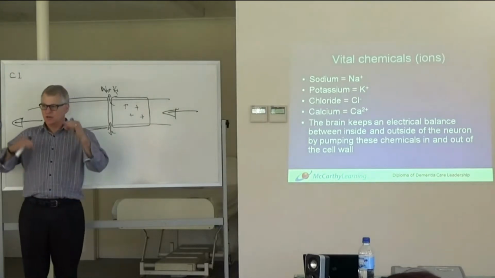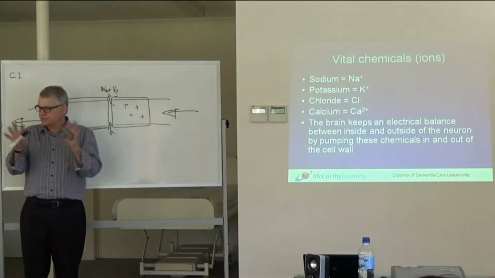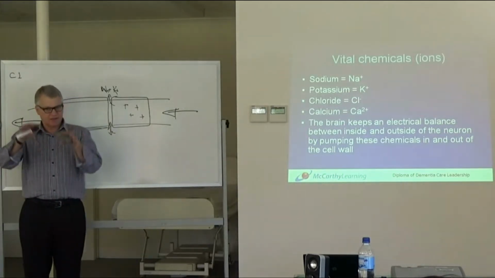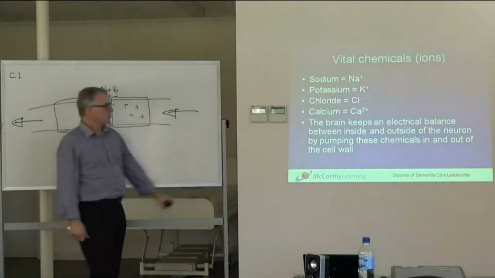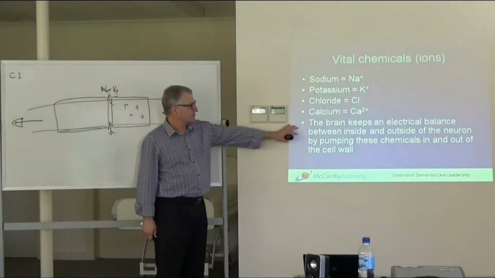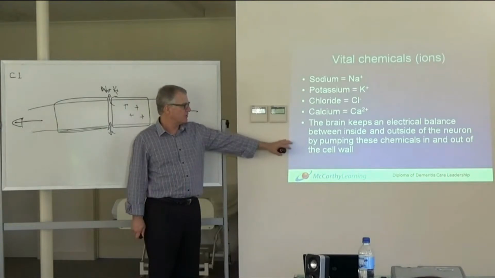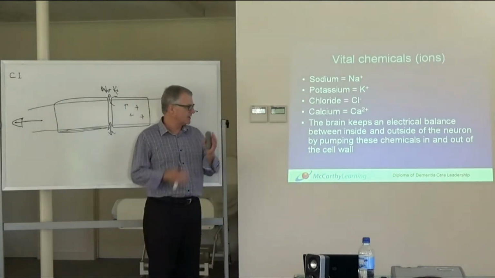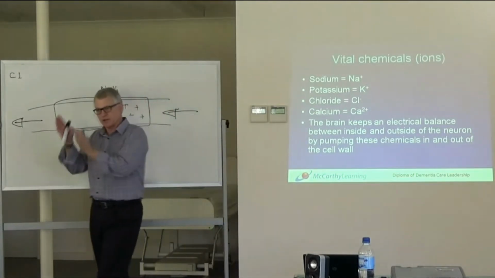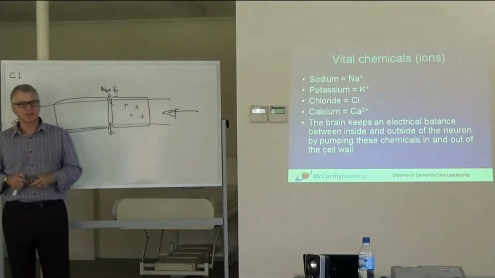So we've got different combinations of each of these that will make up a balance. The brain wants to keep an electrical balance between inside and outside of the neuron by pumping these chemicals in and out of the cell wall through these little openings constantly.